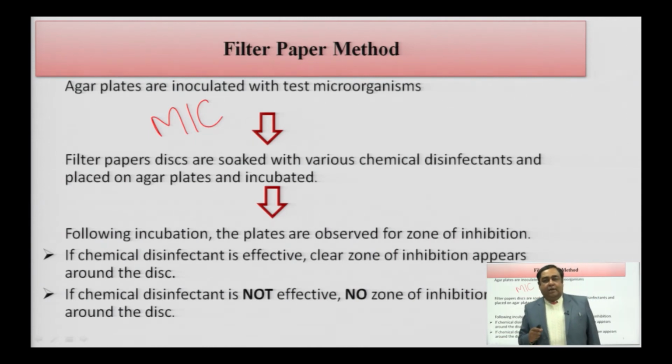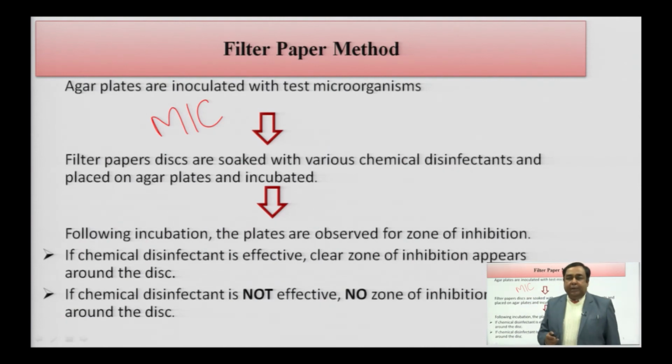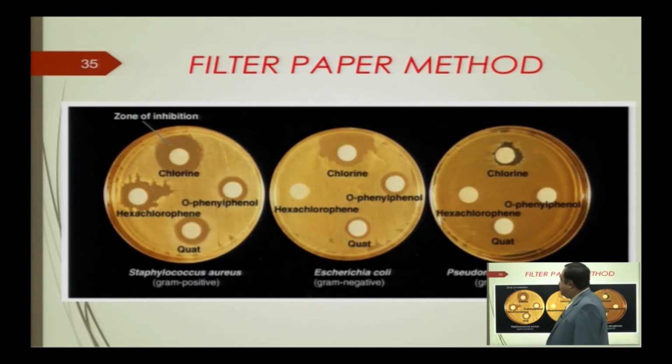That is the minimum concentration at which the compound is effective, active in preventing the growth of the microorganism. Therefore, by observing whether there is a zone of inhibition or not, we will be in a position to tell whether the compound has any antimicrobial property or not.